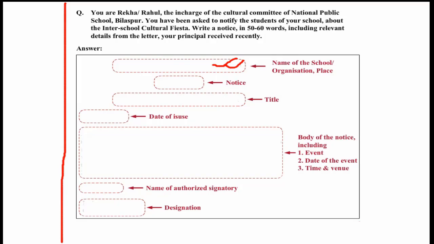Authorized signatory here means you can give your initial also, okay. That means you just sign it and then you write your designation. Or after signing, you just mention clearly your name, okay, and then write your designation. And remember, you have to write in box, okay. This notice is written in box, and alignment you should remember.